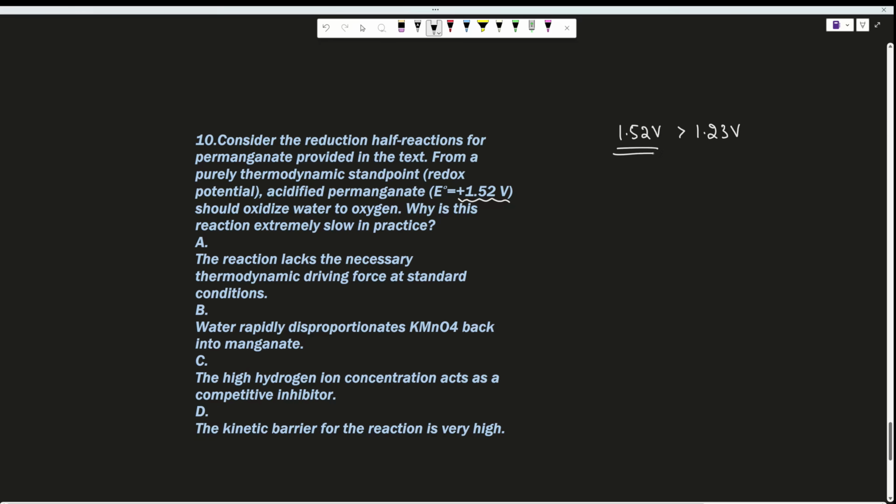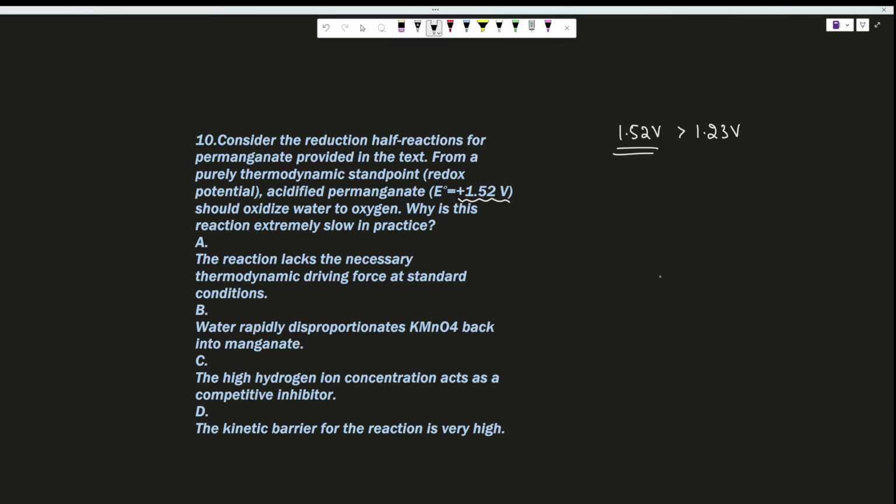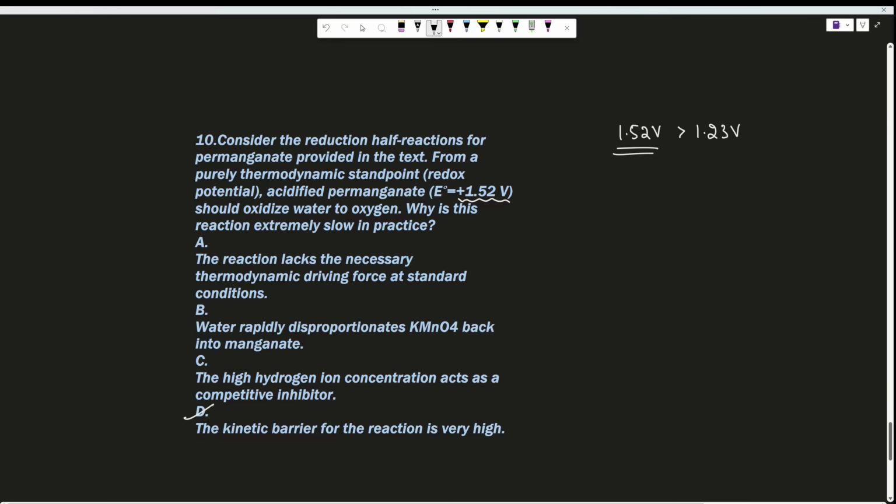Okay, so this being higher, this has to oxidize water to oxygen. Okay, so thermodynamically it is possible. Fine, but why it is not happening? That is due to kinetic reason. Okay, always it is about that activation energy. So the activation energy will be high, and hence the reaction will be extremely slow. So it is the kinetic barrier for the reaction is very high.